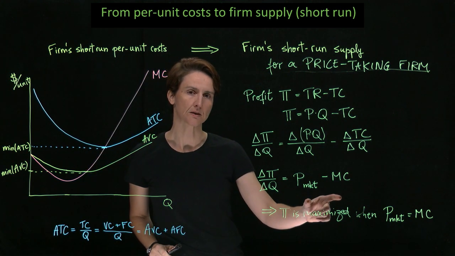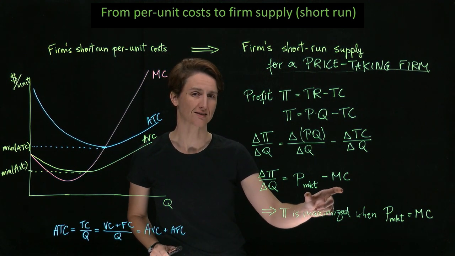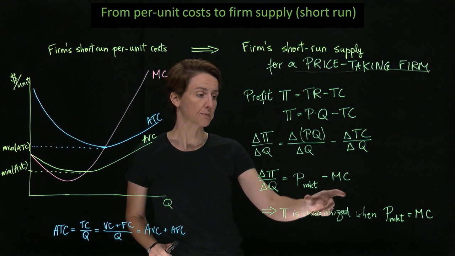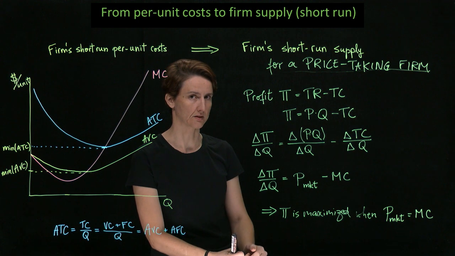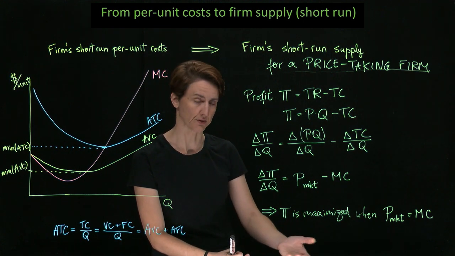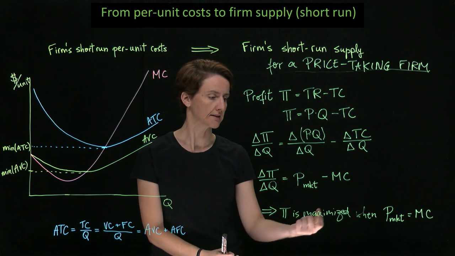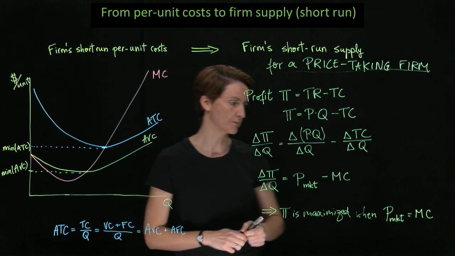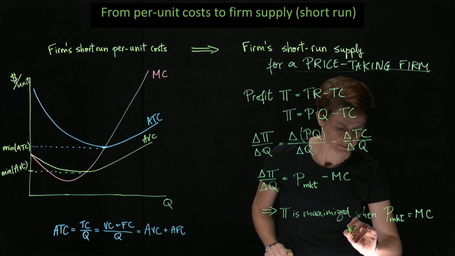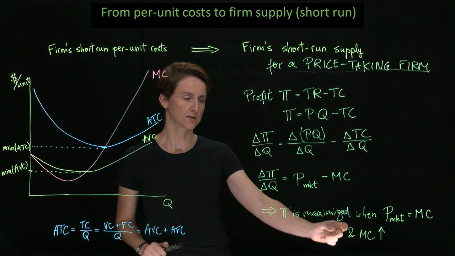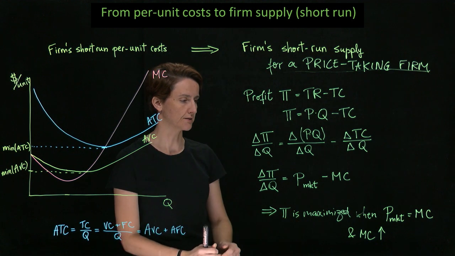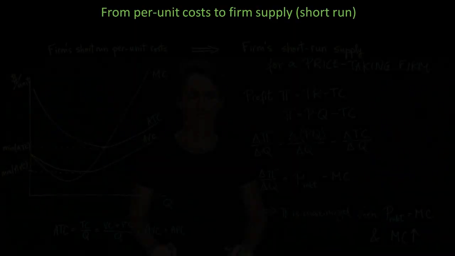If price equals marginal cost, but marginal cost is decreasing, well, that means that the next unit will have lower cost than the price we can get for it, so we should not stop producing. So the second condition we need to specify is that marginal cost is increasing. So as we're producing more and more units, the cost per unit is in the process of going up.